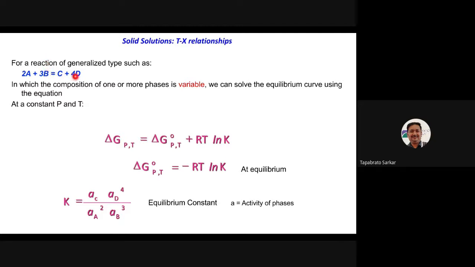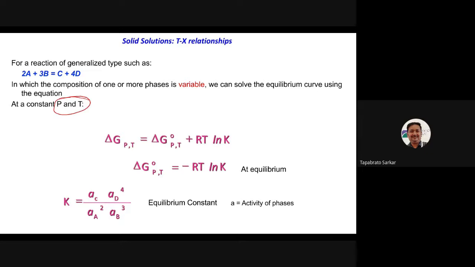Basically the composition of one or more phases is variable, which means that these minerals show solid solution. We can solve the equilibrium curve using the equation at a constant pressure and temperature. Then basically you have to stabilize at a constant pressure and temperature. We can use this reaction.